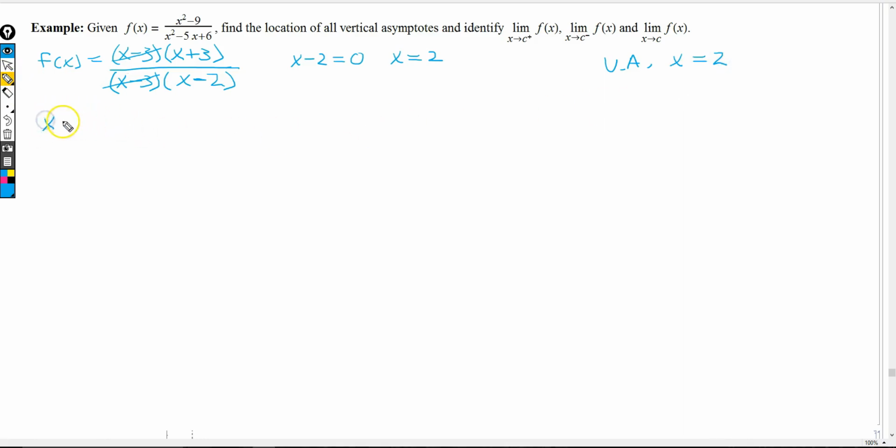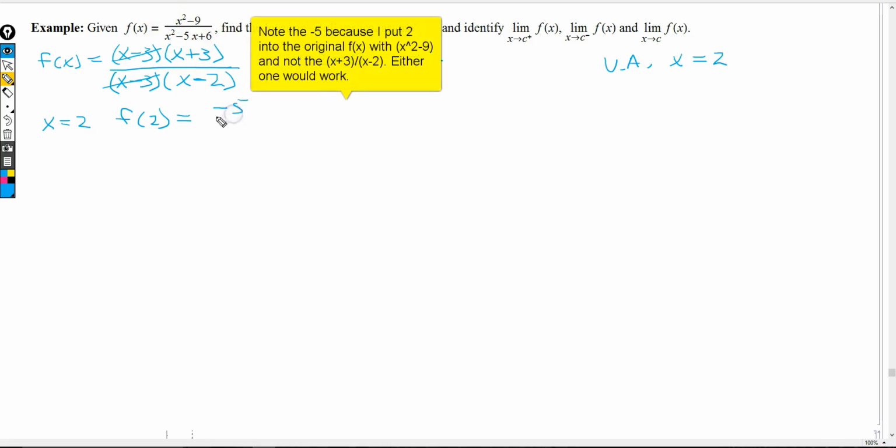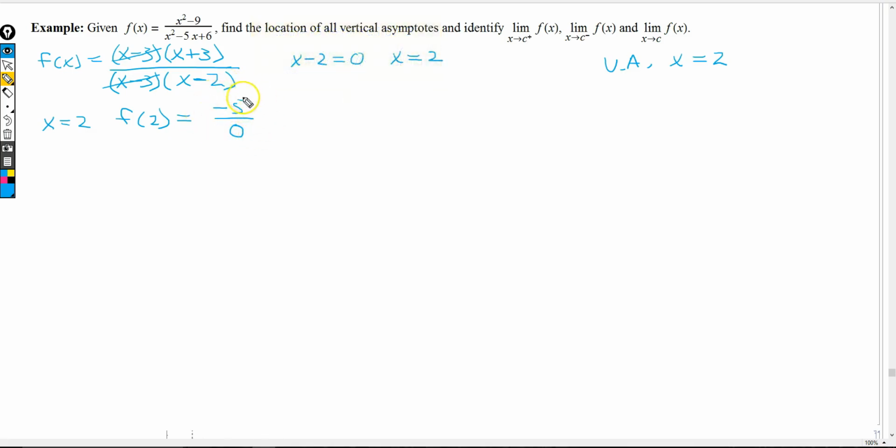Let's in particular note that when x is 2, if I look at f of 2, let's verify it as a vertical asymptote using the rule we had above. Well, if I put 2 into the original function, notice that I get back negative 5 divided by 0. And since negative 5 is a non-zero number, 2 is definitely a vertical asymptote.